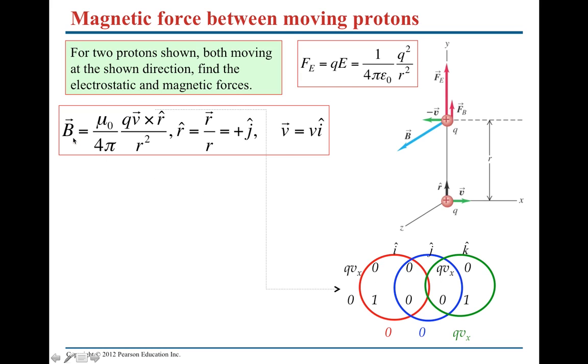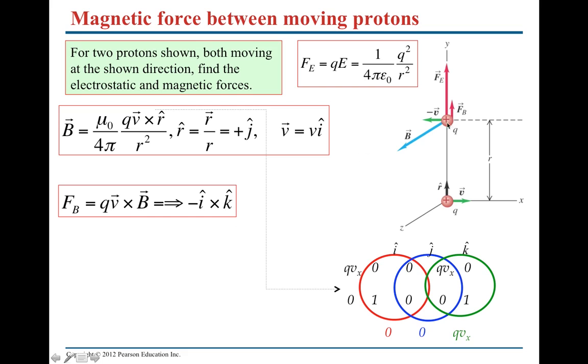So the result of the magnetic field will be simply QVx, divided by r squared, and it's along k hat, and that's what we have. So my magnetic field will be simply QVx over r squared along k hat.